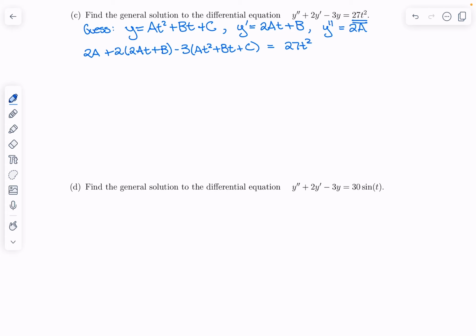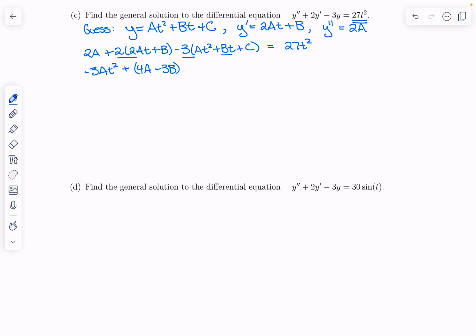I'm going to expand out some of these terms, but I'm also going to write them in the order of the polynomial. So the first term is going to be the t squared term, so it's going to be minus 3at squared. The next term is going to be the coefficients of t. The coefficients of t are going to be 4a, and then also looking at this, minus 3b.